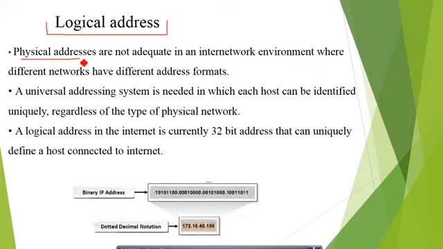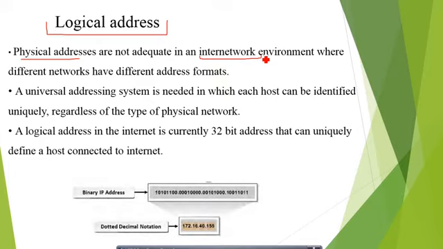Now you can see the second type of address, that is the logical address. This type of address is used at the network layer. We have seen the physical address. Physical addresses are not adequate in an inter-network environment.